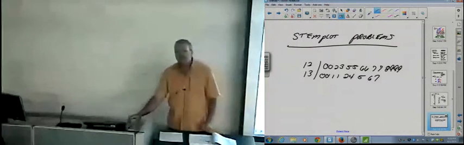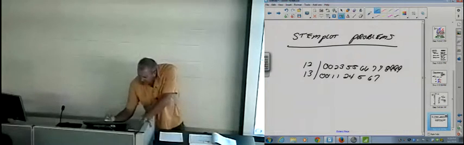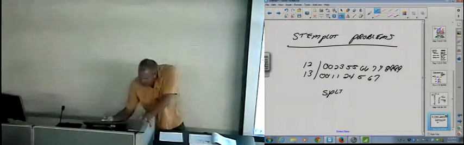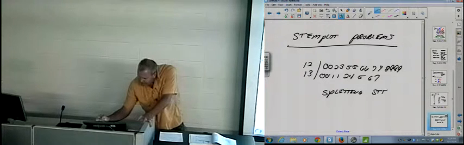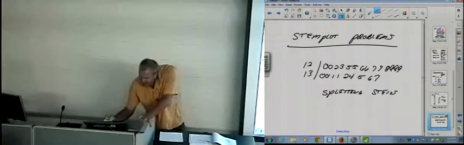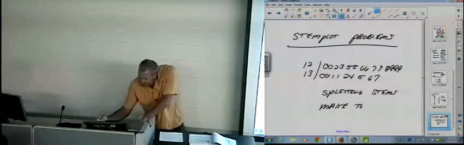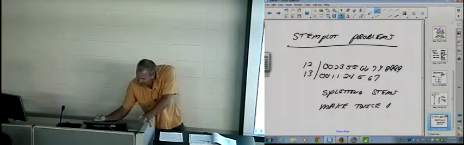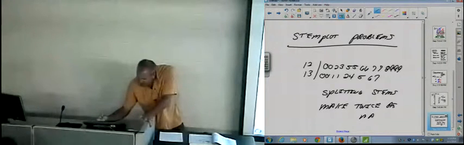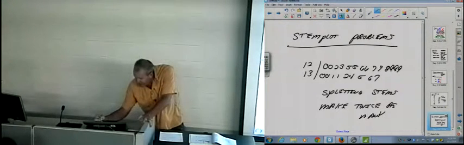And so the technique for handling this is called splitting stems. We're going to make twice as many stems. If you start with 2, you'll end up with 4. You start with 3, you'll end up with 6.